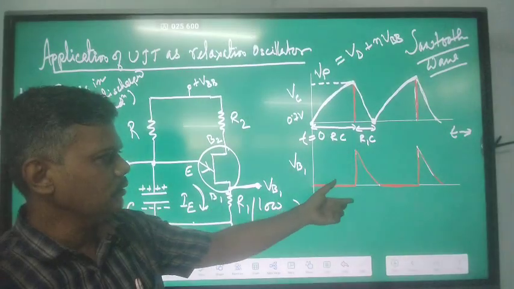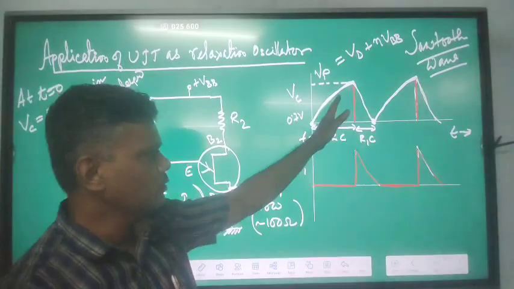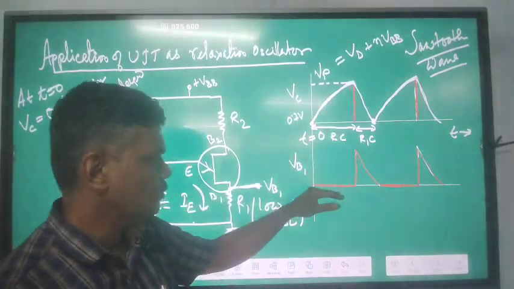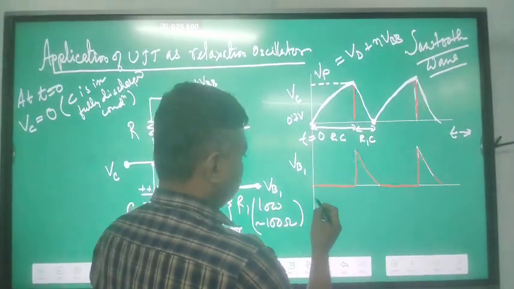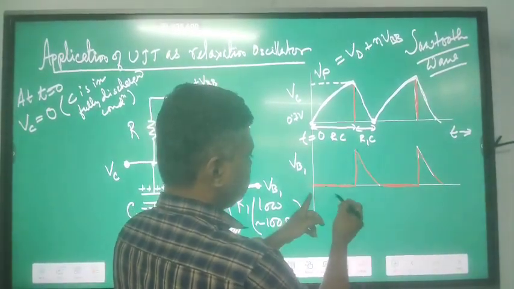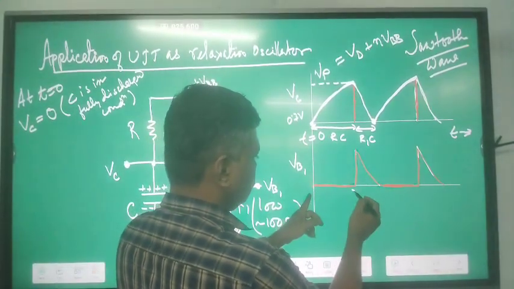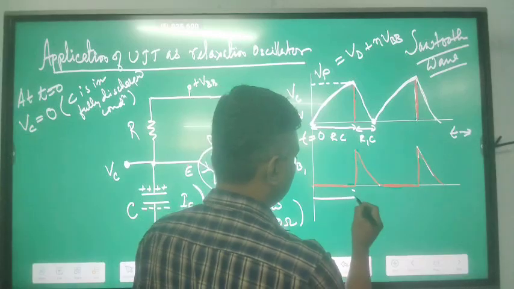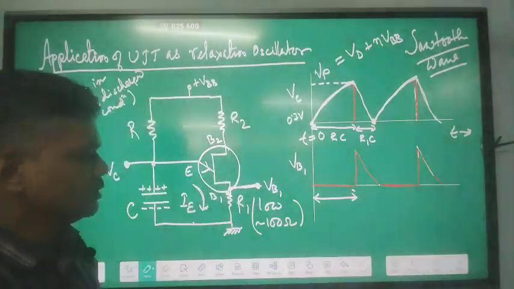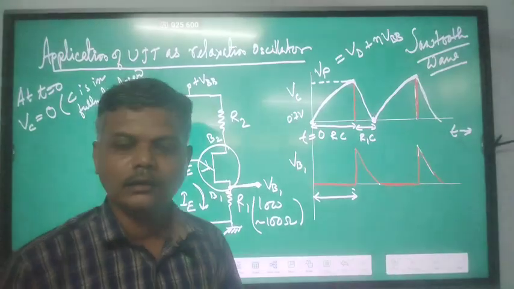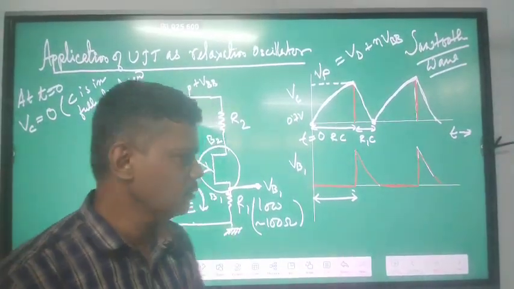Now here you can see, unlike this sawtooth wave, what you can notice here is that the output voltage is 0 from here to here. That means I can say that the UJT is in relaxed condition.